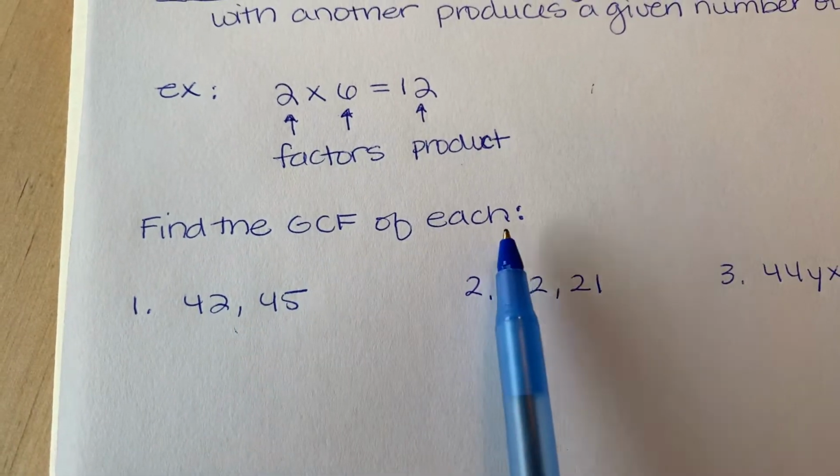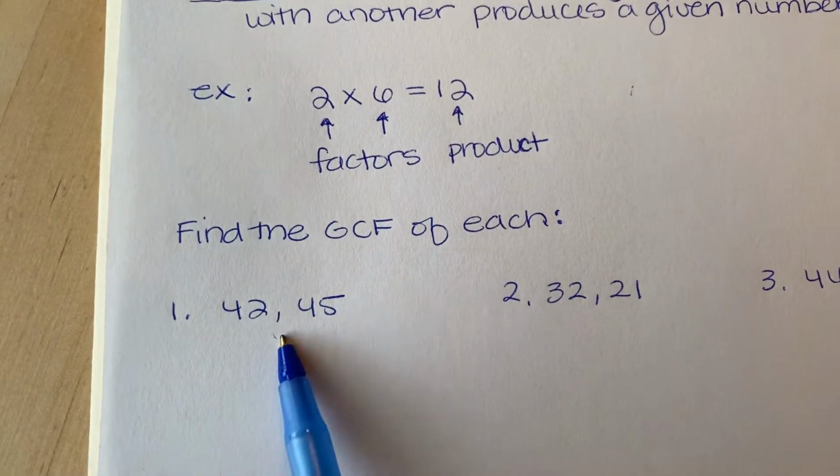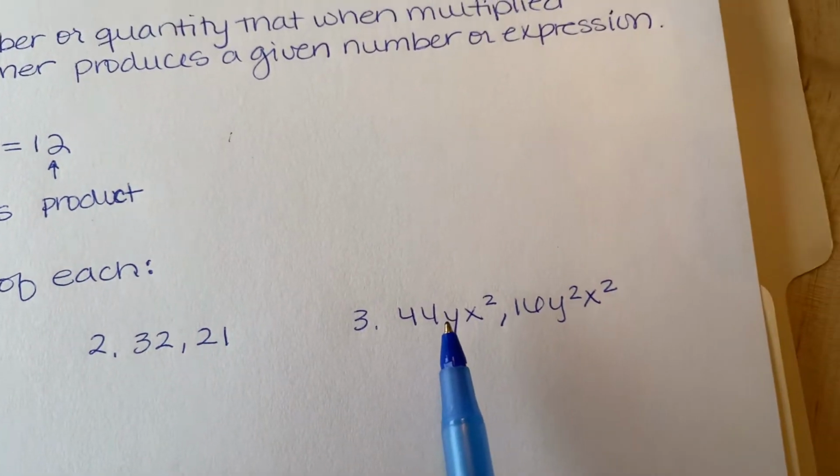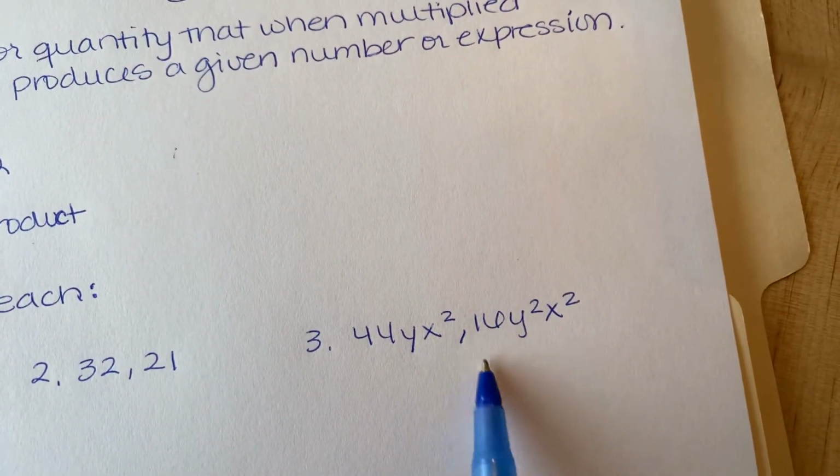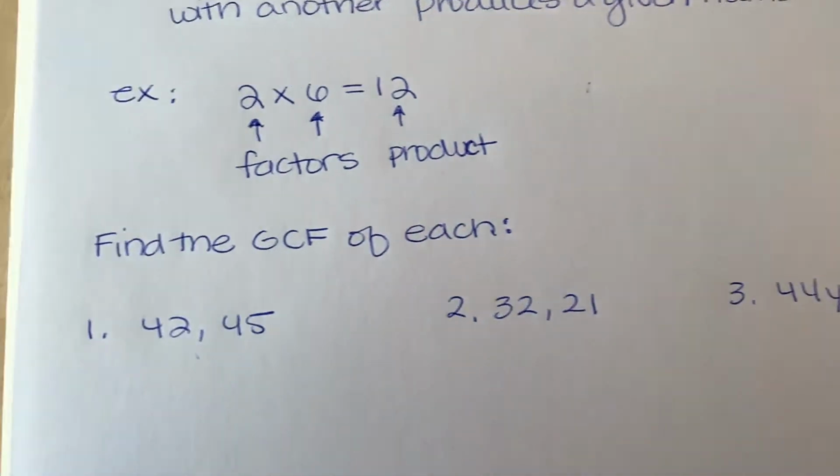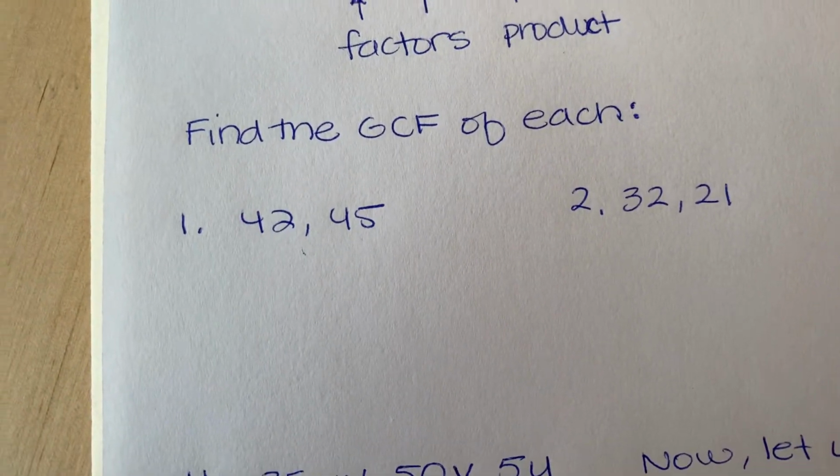Find the GCF of each. We're giving you 2 values, and we're going to break them down and see what they have in common. You know how to do the factor tree.